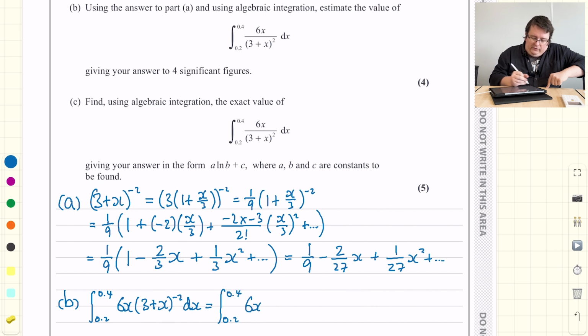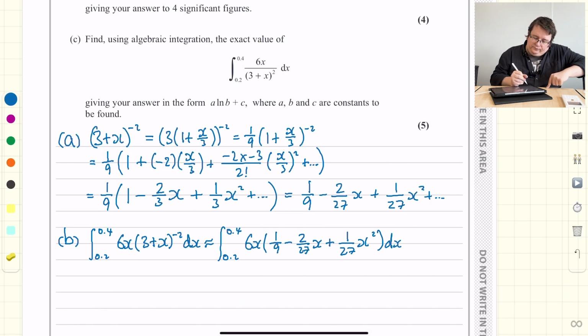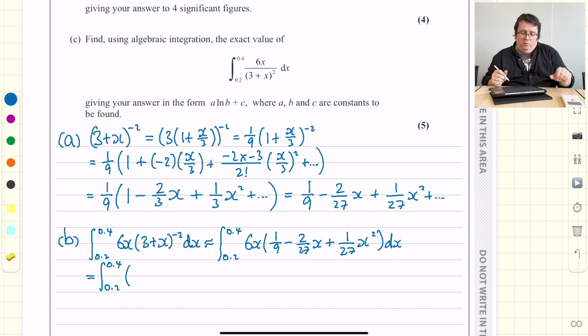So the 6x, actually, I won't put that as equal to. This is approximately equal to 6x times 1/9, take away 2 over 27x, plus 1 over 27x squared, dx. Okay, now I need to multiply this out.